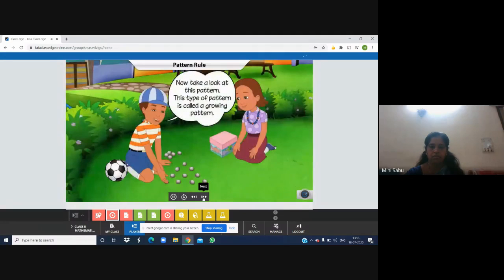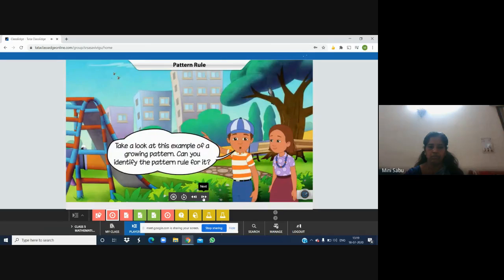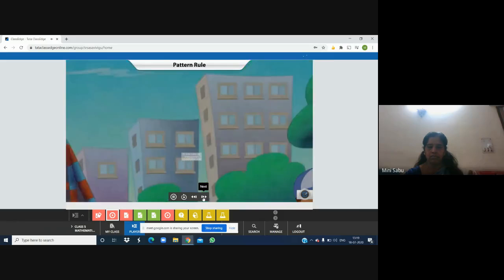Now take a look at this pattern. This type of pattern is called the growing pattern. You will see that each line contains 1 dot more than the previous line. So that's the pattern rule. Repeat with 1 dot more. Take a look at this example of a growing pattern. Can you identify the pattern rule for it? Didn't get it?